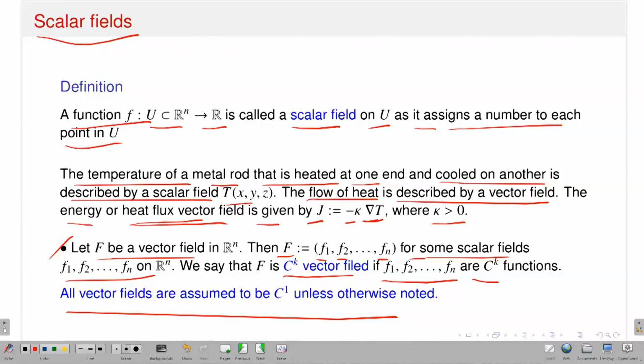And there is a note I have written: all vector fields are assumed to be C1 unless otherwise noted. That means in my next slides onwards, whenever I talk about vector fields, by default I am assuming they are C1, that means continuously differentiable vector fields. You will see many things. It will be very nice if I deal with C1 vector fields.